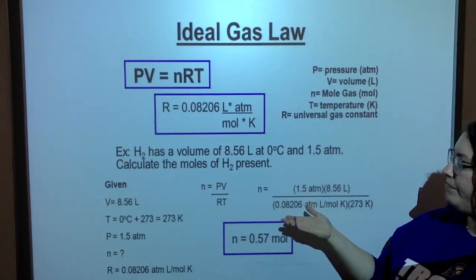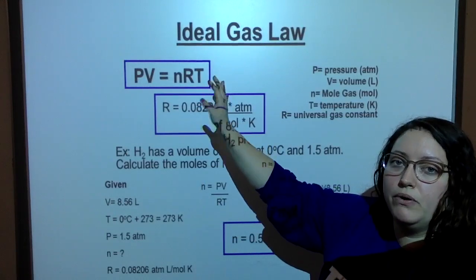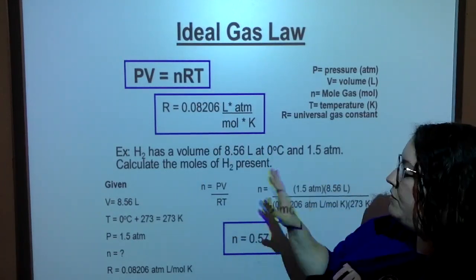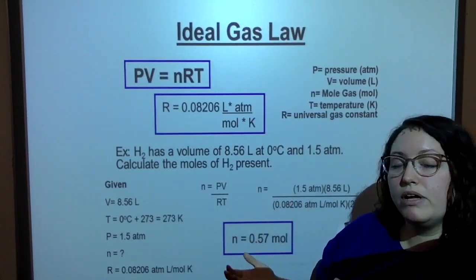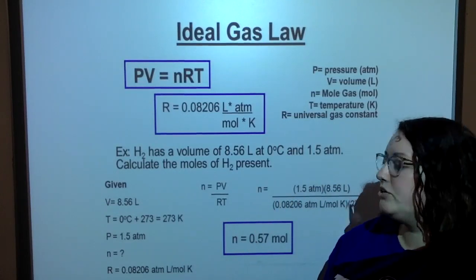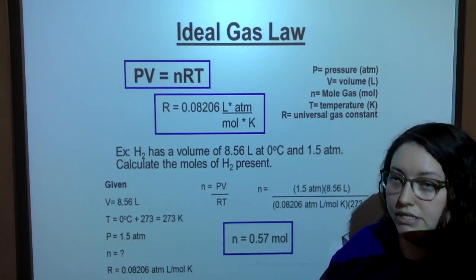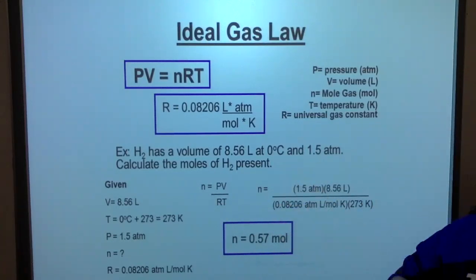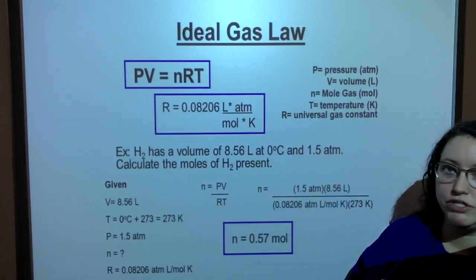I usually keep it in this format and then just solve for a missing variable. Either way is fine. If you do it this way, it might be more useful in upper level chemistry classes if you're taking that in college, so that you are familiar with rearranging and deriving equations. But for this class, using PV equals nRT is just fine.